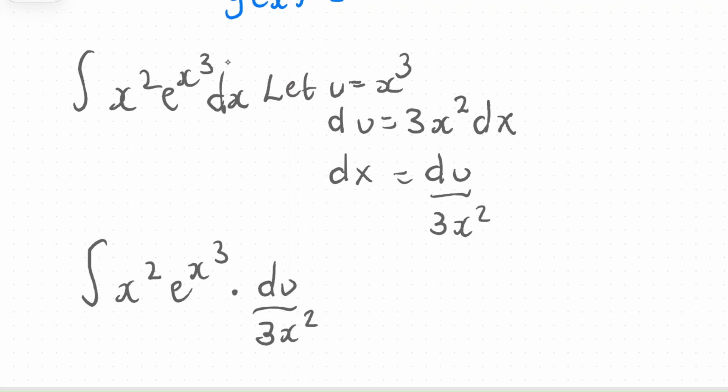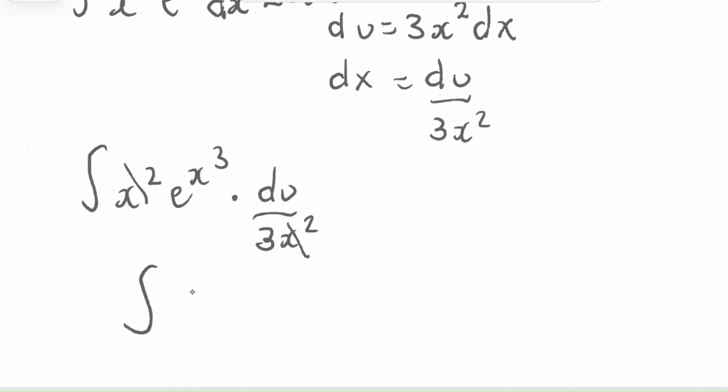We're substituting the dx over here. But also, since we've said u is going to be x cubed and du is equal to 3x squared, we can cancel the x squareds. So we'll be able to just have the integral of 1 over 3 times e to the power of x cubed du.